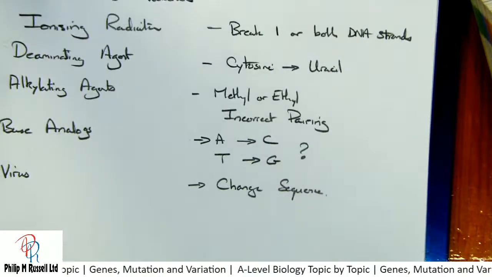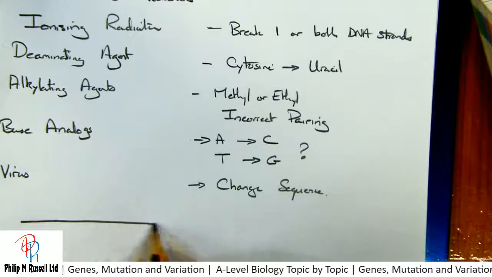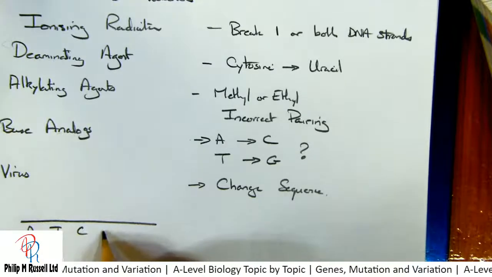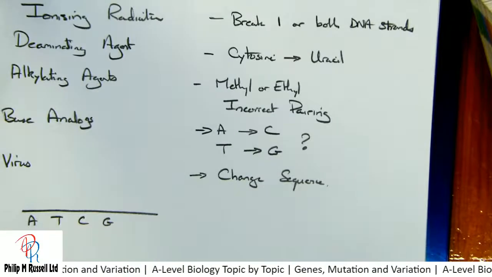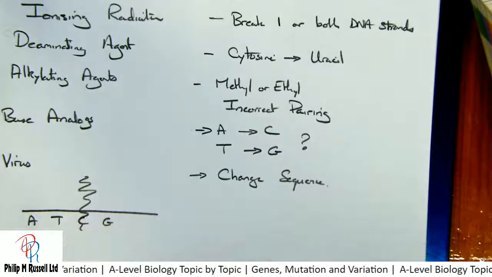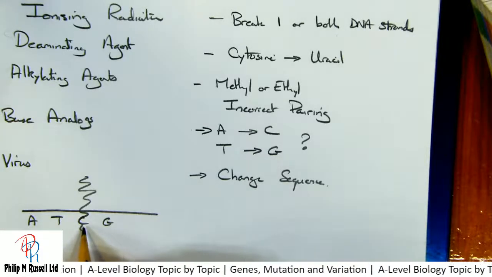So let's have a look at ionizing radiation. I've got my groups here, A, T, C and G. Radiation comes along, zaps that one out.